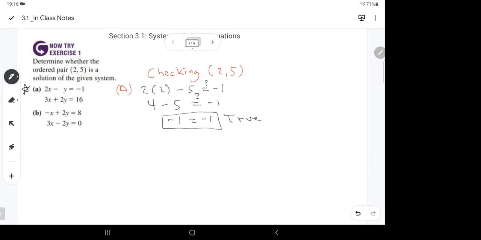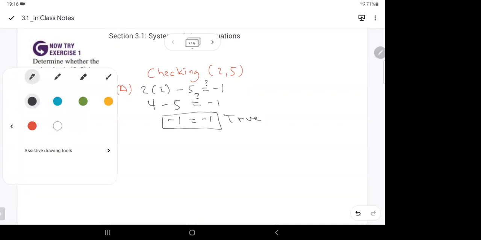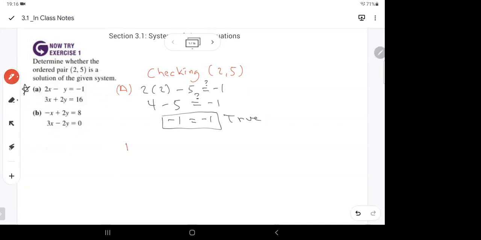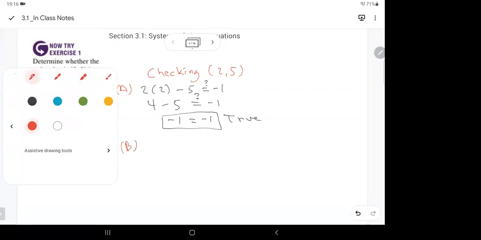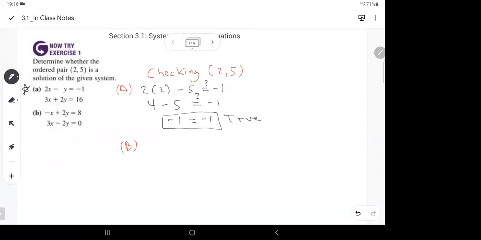Now, when you're dealing with a system, you have to check for both. Both equations have to be true. So again, we'll plug in.